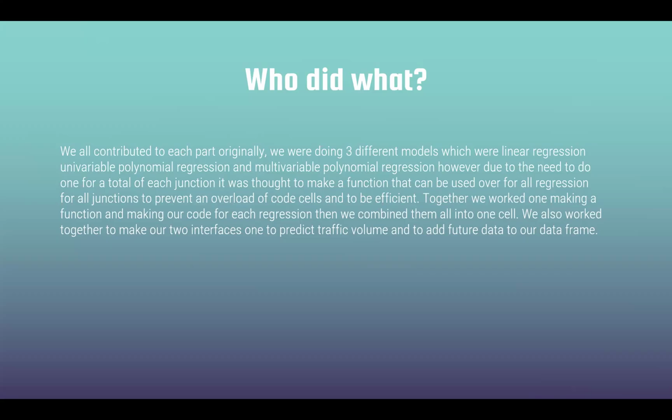So we determined to use a function that will give us the best model for our data for each junction. And after we were done doing that, we were able to work together to make one function for each regression for each junction for our models and also our interface.